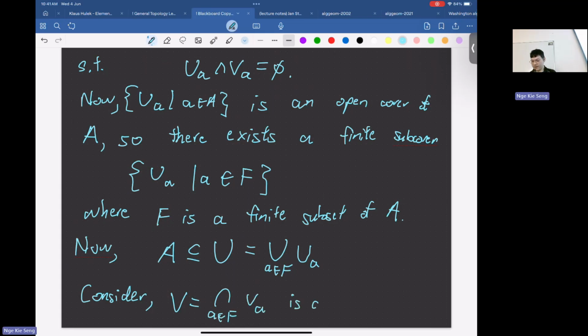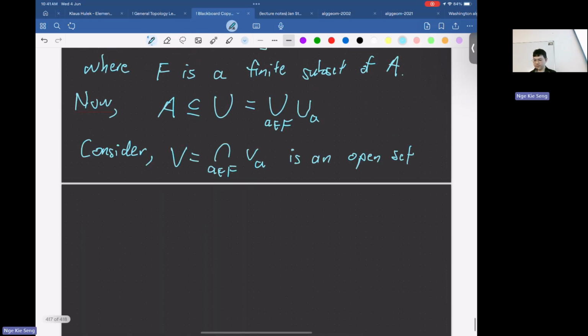This is an open set containing X, because it's a finite intersection of open sets, it's open. So now we need to argue why this is enough.